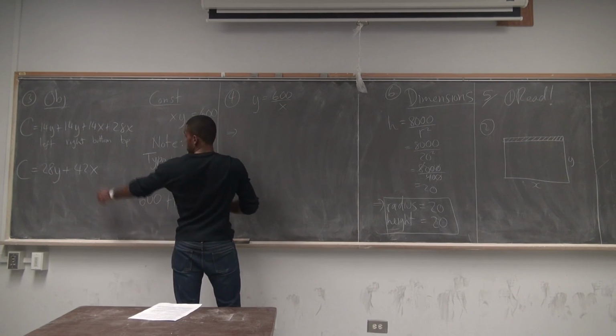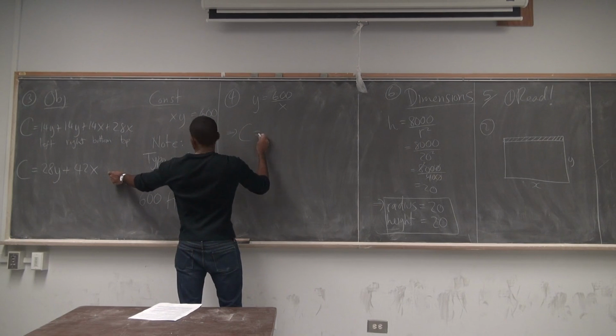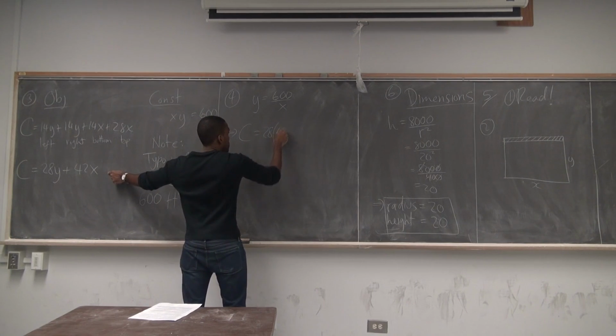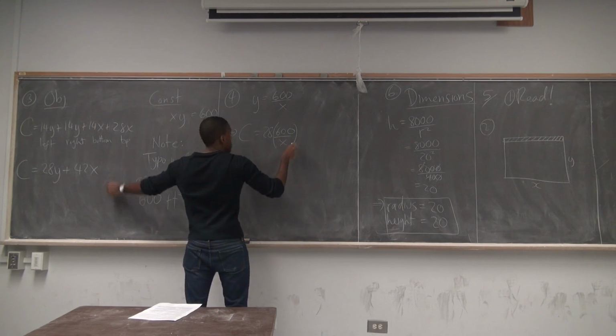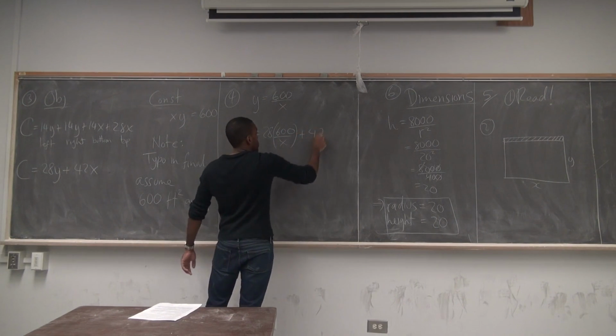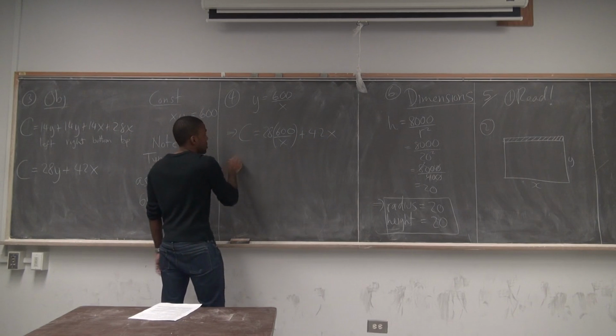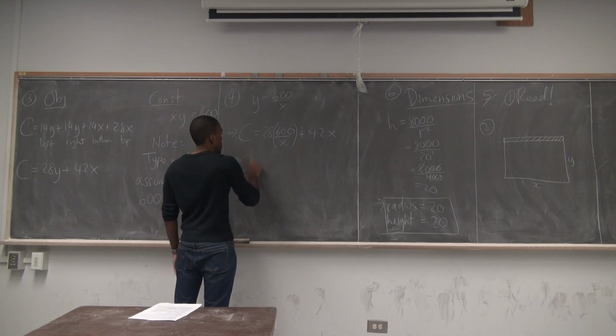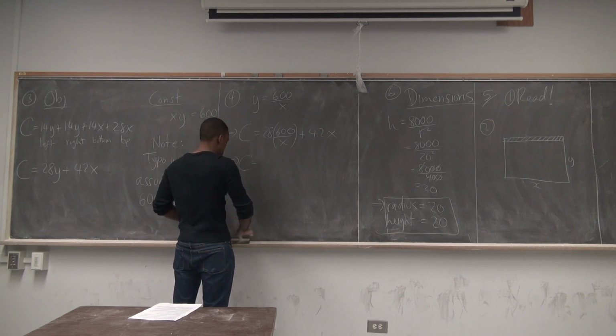This means C would be 28 times 600 over x plus 42x.